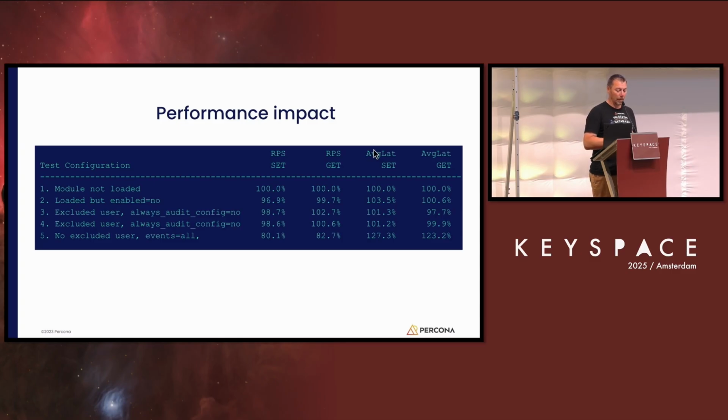And then number 5 is where, if you want to log everything, you're paying a pretty hefty price of 20%. These are just some fairly straightforward Valkey benchmark tests, but there's some more work to be done there to try and improve that.